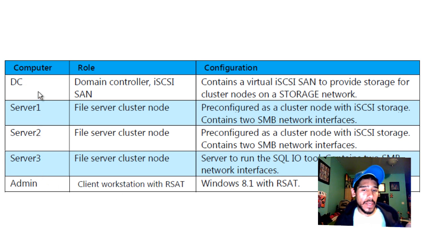DC1 is your domain controller and also the iSCSI SAN. Servers 1, 2, and 3 are actually file server cluster nodes, and your admin is a regular Windows 8.1 Pro machine with the RSAT, the Remote Server Administration Tools, that allows you to control and administer other servers using a basic workstation.